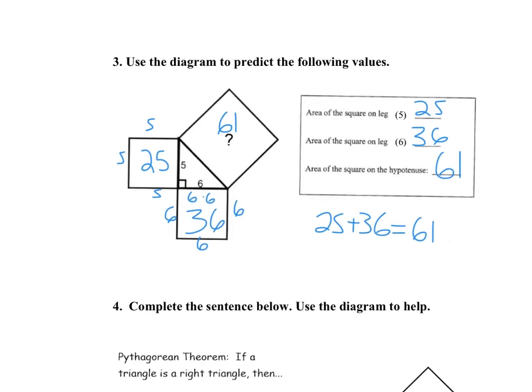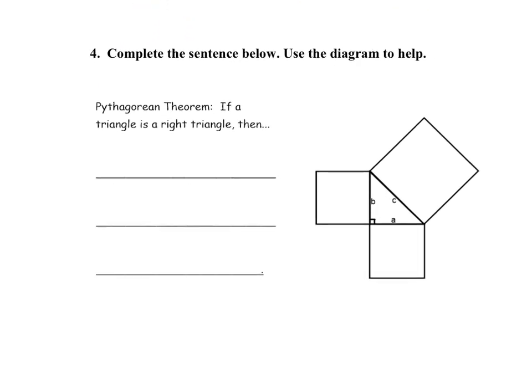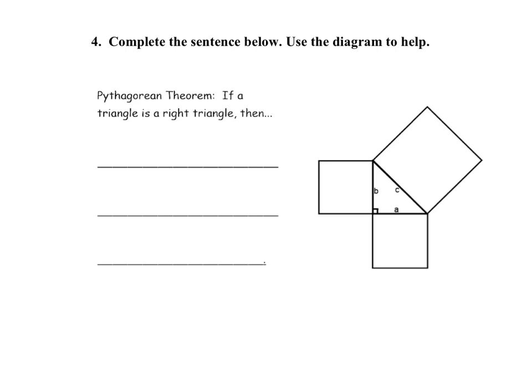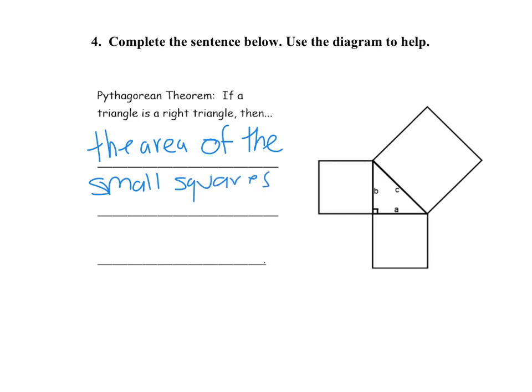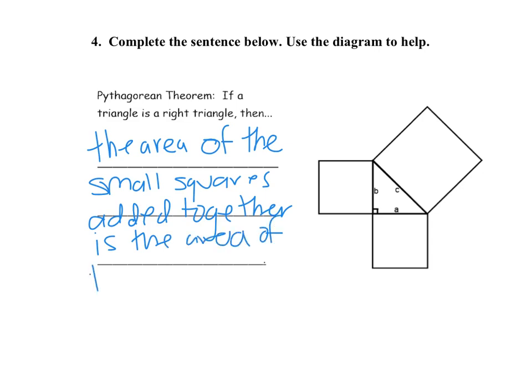Now it asks me to use the patterns we've seen to write a sentence. Complete the sentence below and use our diagram. If a triangle is a right triangle, then the area of the small squares added together is the area of the large square.